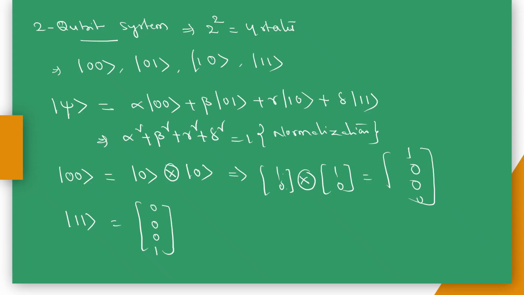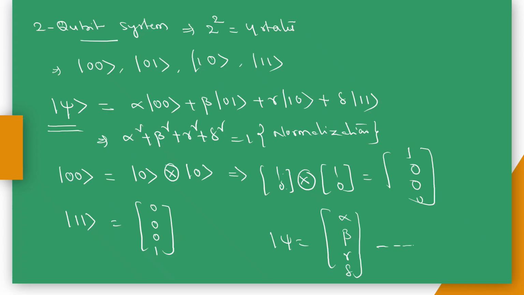By combining all these states, if you want to write psi, we get a column matrix of alpha, beta, gamma, delta. This is the way we can represent a 2-qubit system mathematically.